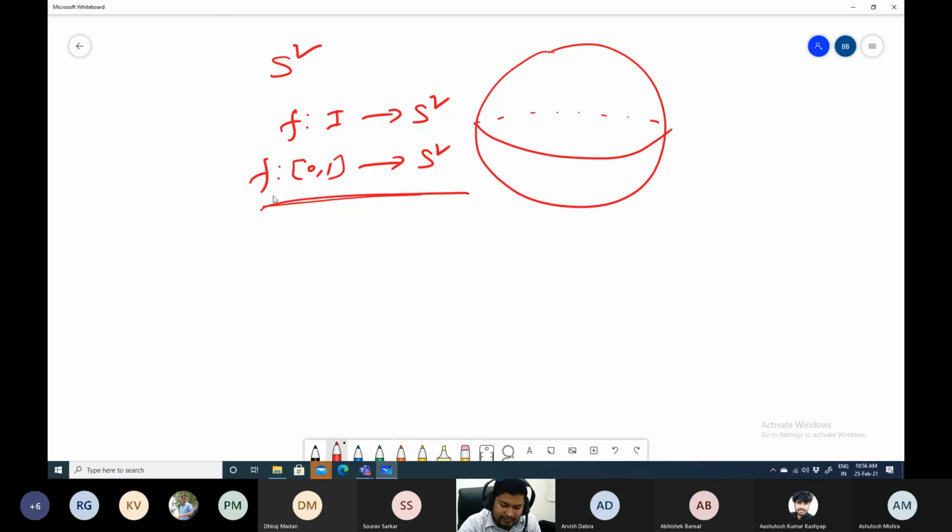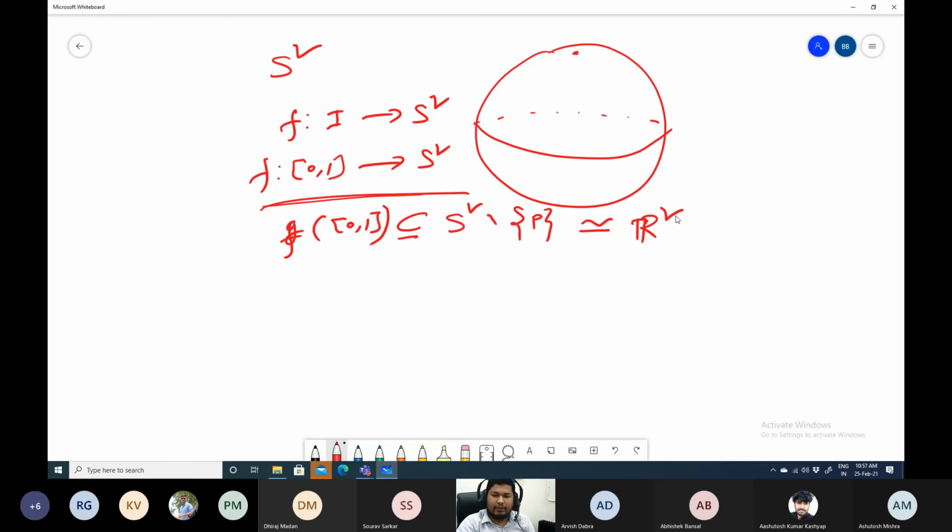Now suppose f is a map such that the image f([0,1]) is properly contained in S2 minus a point, say p. If this is true, then we are done. Why? Then S2 minus p is homeomorphic to R2, and you can use stereographic projection to show that.